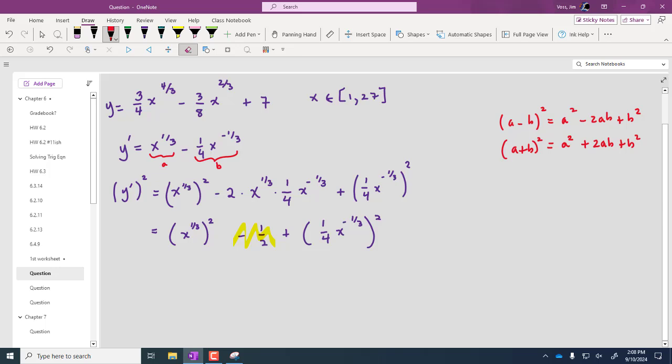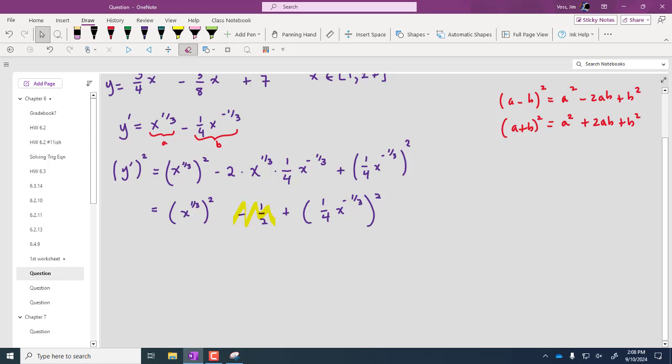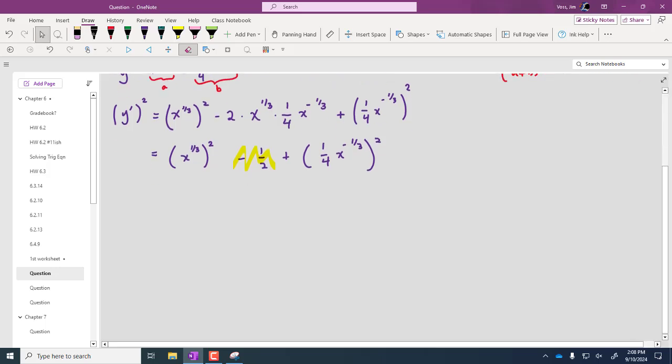So if you're focusing on the right-hand side here, and this right-hand side changes only in terms of the sign of the middle term, you know you still have a perfect square trinomial. So if you started with a perfect square trinomial and the middle term changes just by sign, you still have a perfect square trinomial.